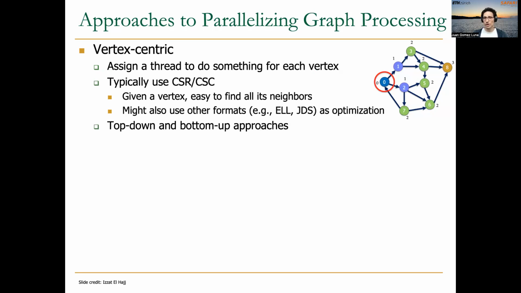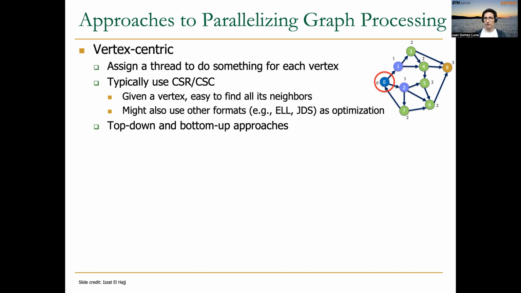But there are 2 different ways of applying the vertex-centric approach. One of them is called top-down, and the other one is bottom-up. In both cases, we assign one thread per vertex, but in the top-down approach, we start with a single vertex, which is the source, and we create a frontier, which are the vertices to be visited in the next iteration of the algorithm.